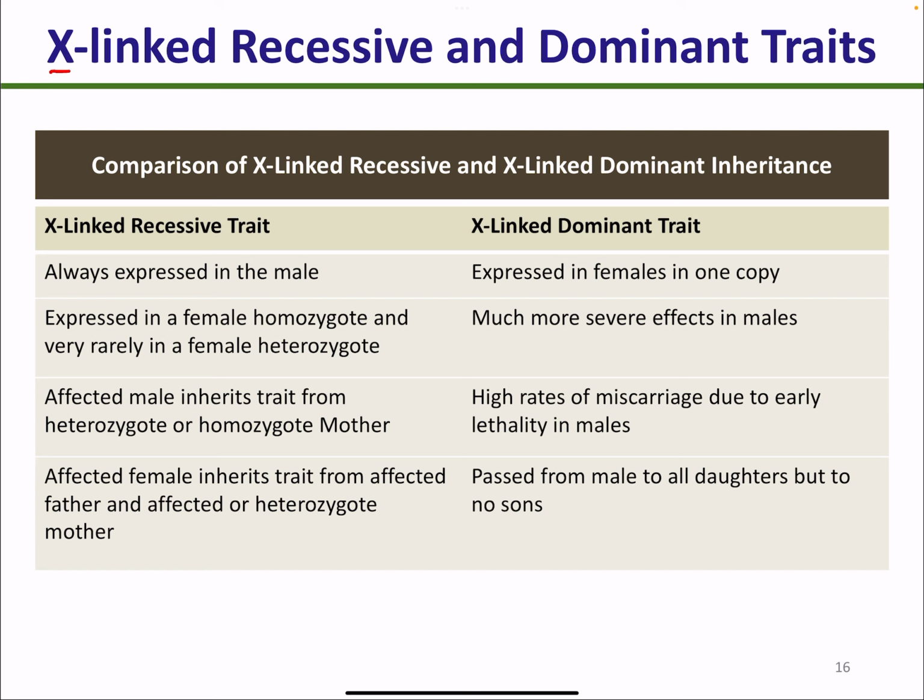Now, for an X-linked recessive trait, these traits are always expressed in males. Why? Because the X comes from mom that contains a recessive allele. Dad has a Y, and the Y has no equivalent of the X. Therefore, that single copy of the recessive trait is going to be expressed.